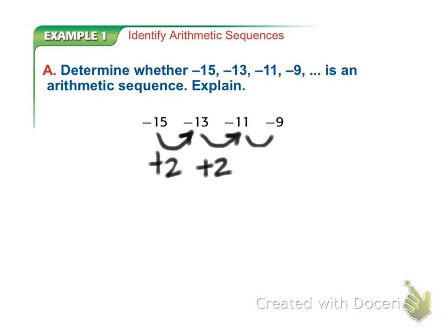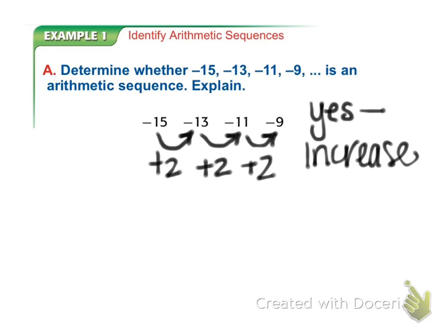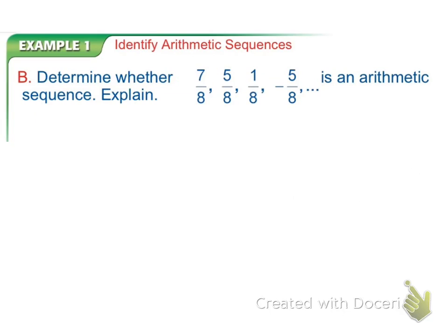And just to double check, from negative 11 to negative 9 is also plus 2. So your answer for this one would be yes, it's an arithmetic sequence because the increase is constant. That's your explanation. That's all you have to write. Let's move on to the next one.